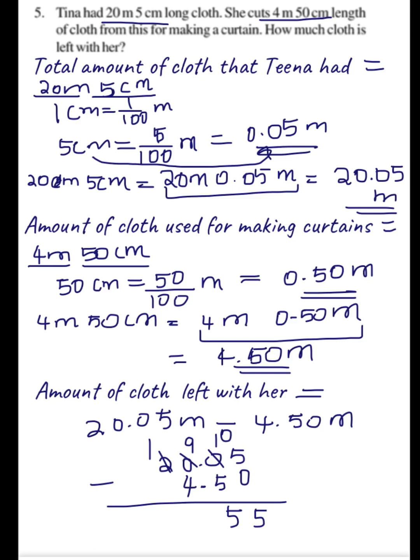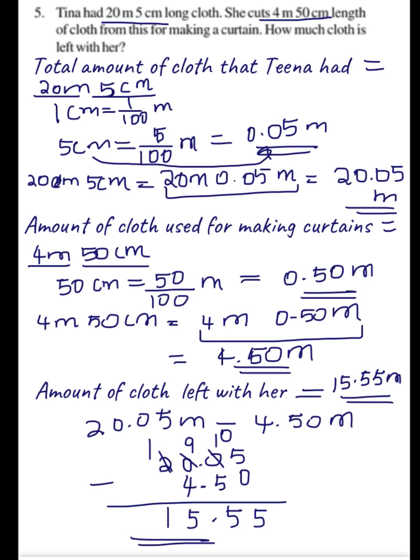You have to put the point here. 9 minus 4 is 5, and 1. So 15.55. Our answer will be 15.55 meter. This will be the answer for the fifth one, that is, the amount of cloth left with her is equal to 15.55 meter. So that's all about the fifth question.